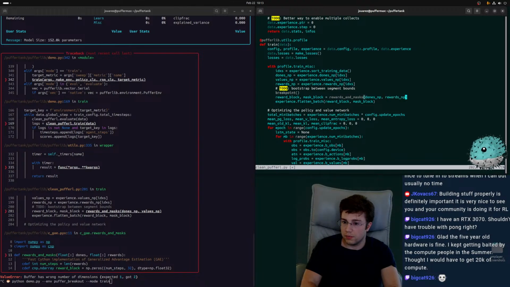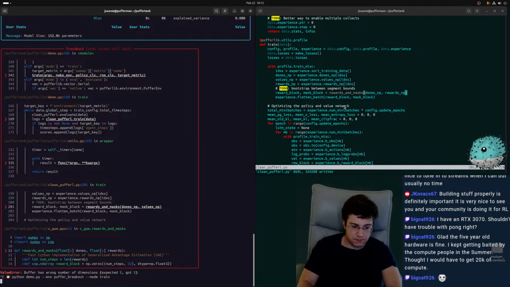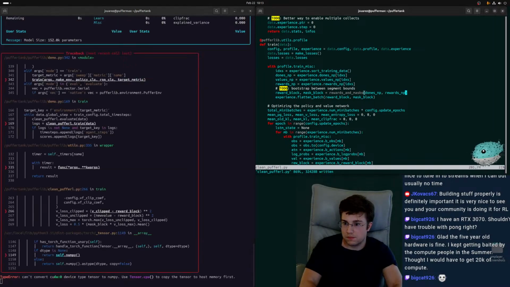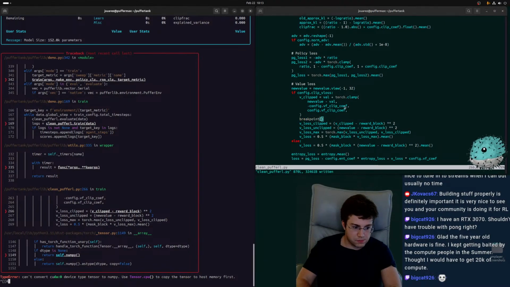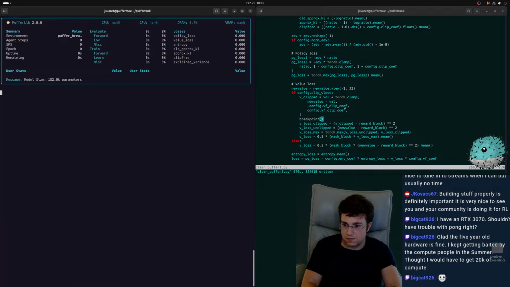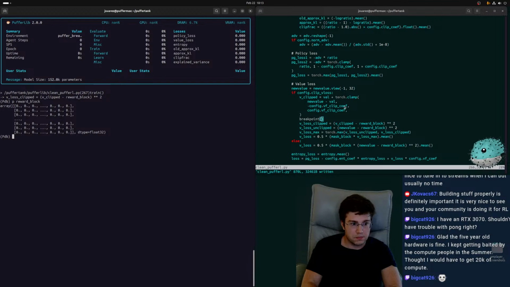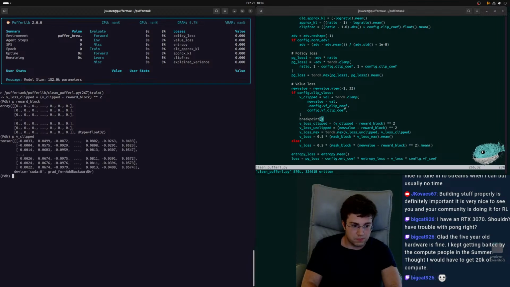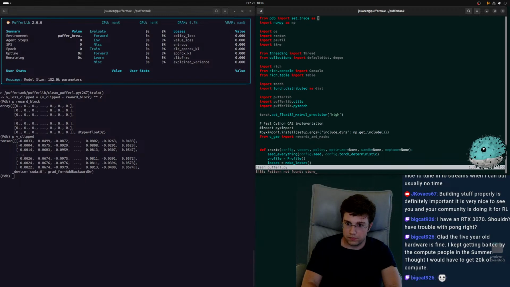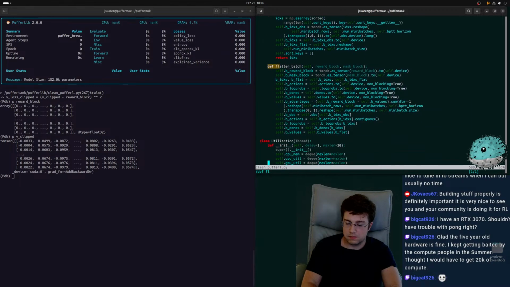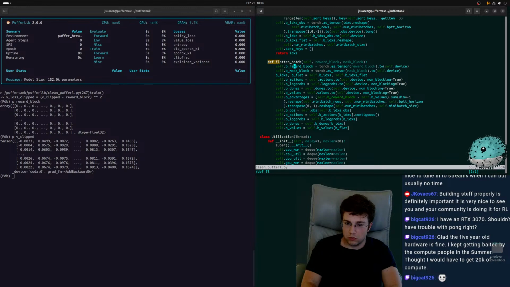Oops, it's not done, it's rewards MP. B reward block, B mask block, right?